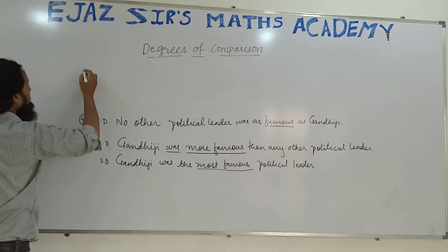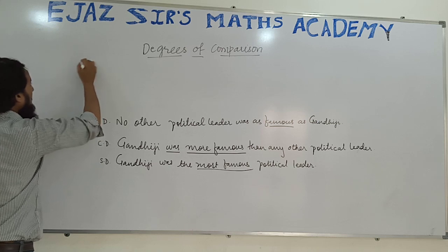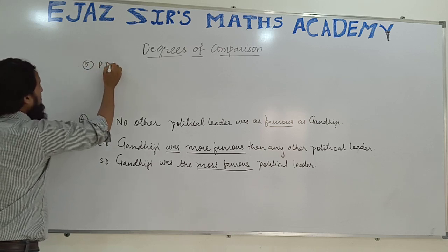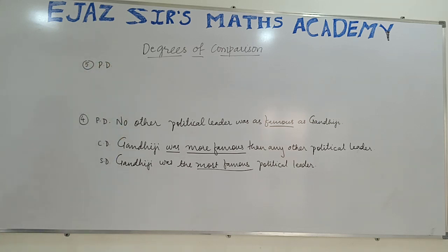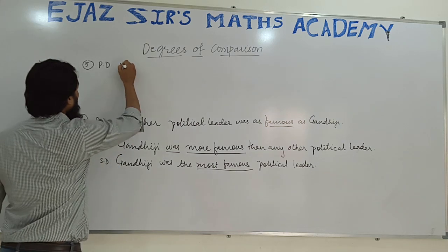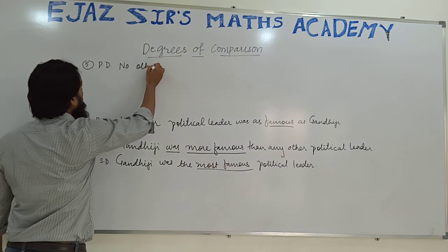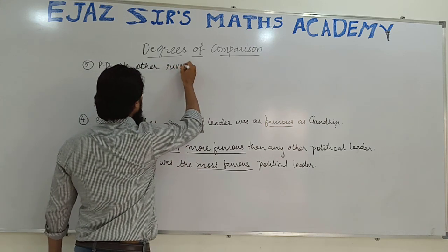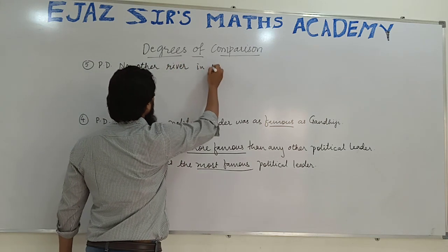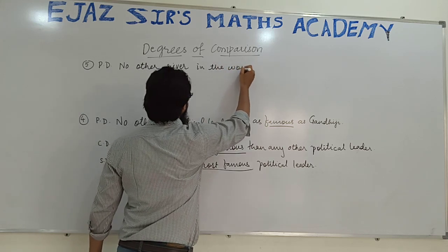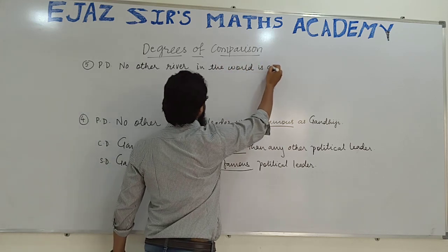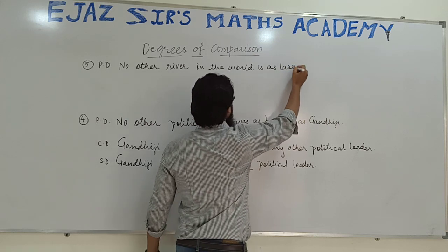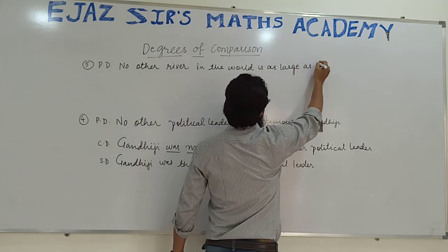Number 1, or let us say number 5, the positive degree. No other river in the world is as large as the Nile.